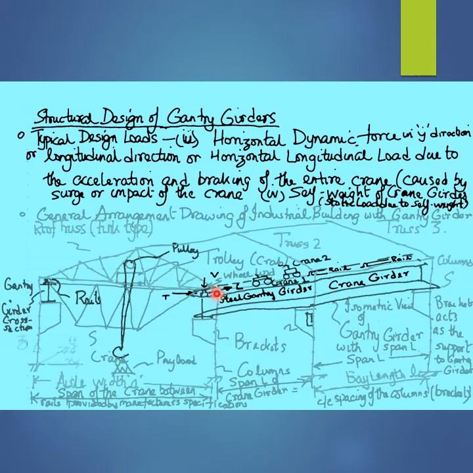The gantry girder or the crane girder, which in the present context is a steel gantry or steel crane girder as depicted by this I section in the schematic figure displayed in this slide.